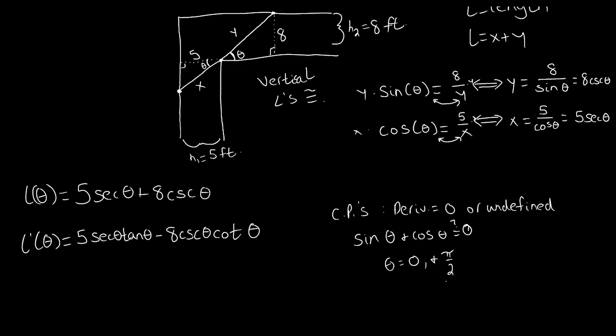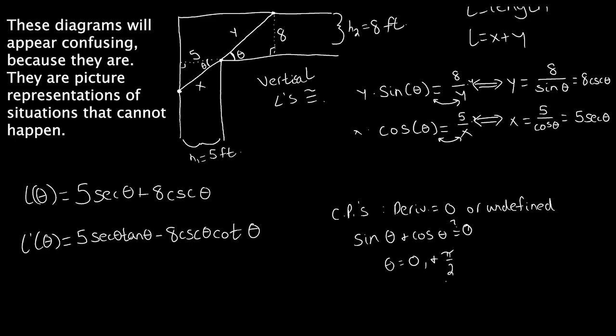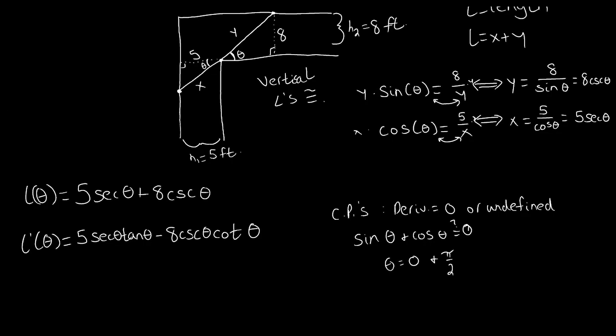And the reason why we're not going to be concerned with the values of 0 and pi over 2 is because if we were to say that our theta angle was very, very arbitrarily close to 0, we're going to get a curtain rod that looks something like this, keeping those 3 points of contact in mind from the hallway problem. We'd have a point of contact here, here, and here.